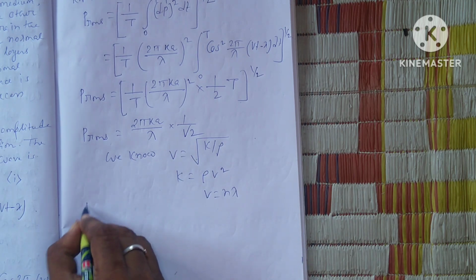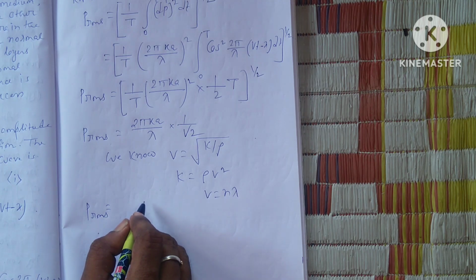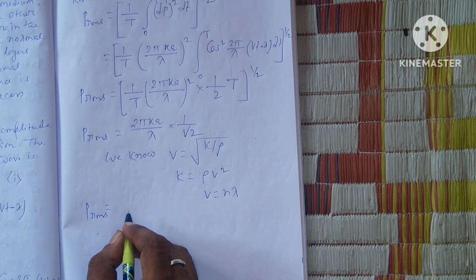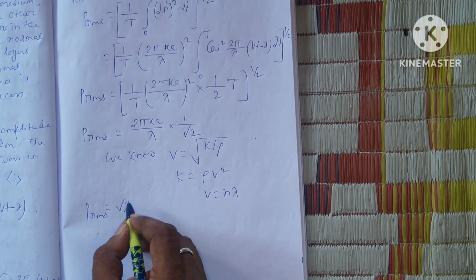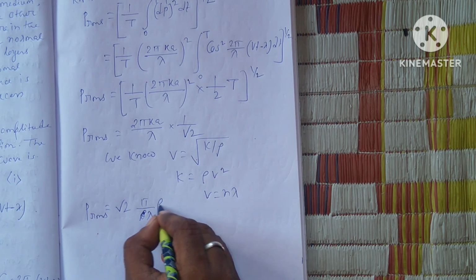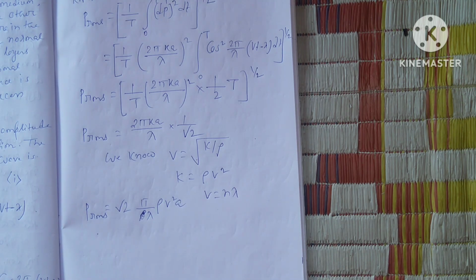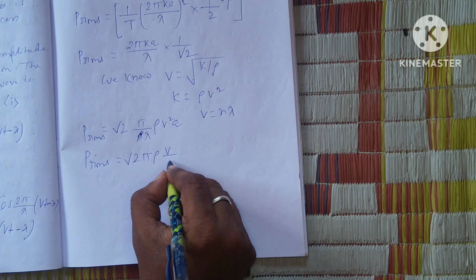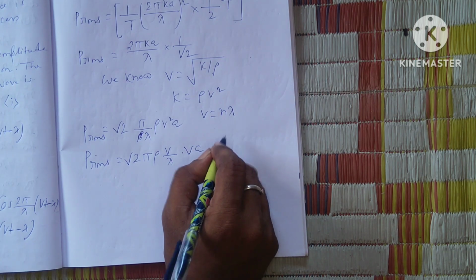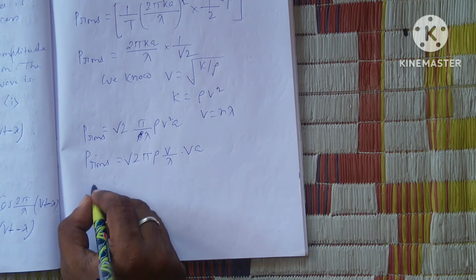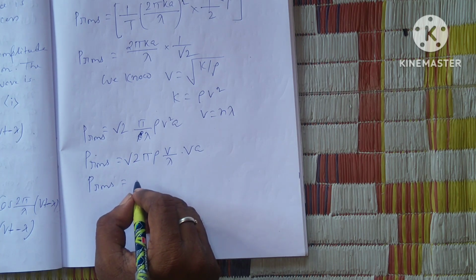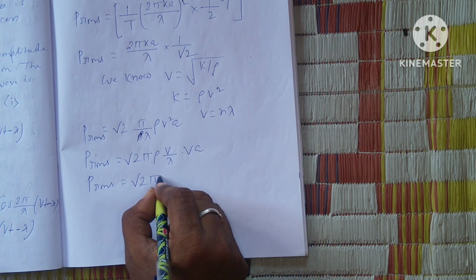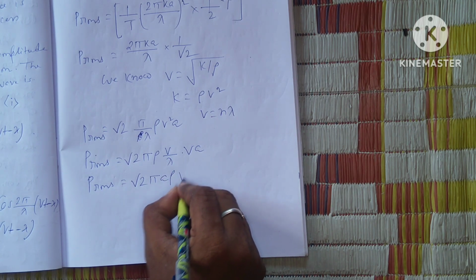Putting this value in this equation, P RMS equals root 2 pi rho V by lambda into VA, so P RMS equals root 2 pi A rho V n.